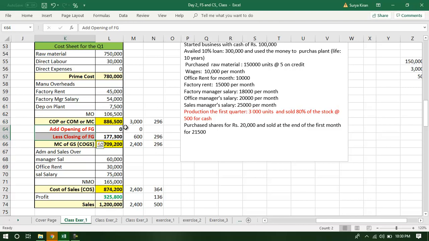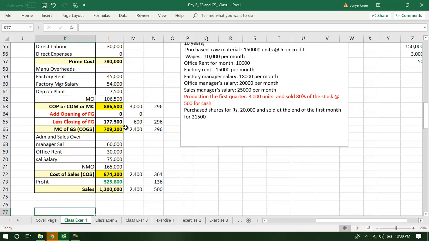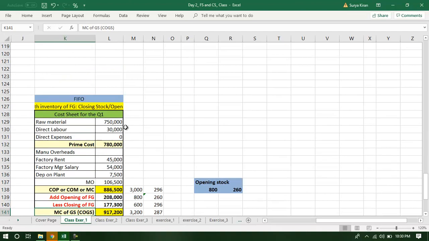So depending on the information available, we can keep on improving this cost sheet to make it more and more relevant.